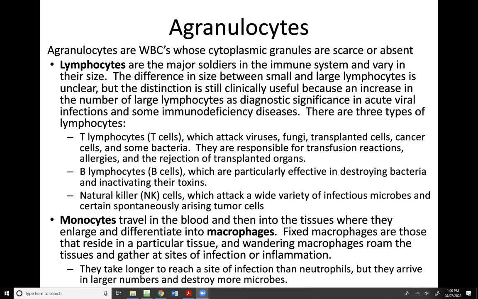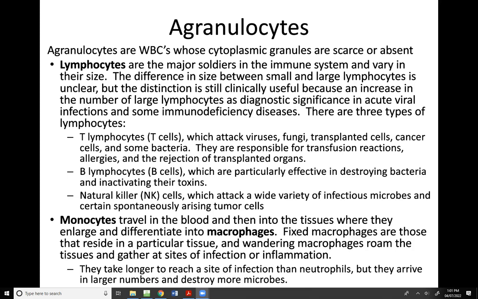Natural killer cells have a really cool name, and they sound like secret agents to me, but they're not quite as complicated as the B cells and T cells. They do attack a wide variety of infectious microbes and certain spontaneously arising tumor cells. And then monocytes are blood cells that can leave the blood. Once they do, they can enlarge and differentiate into our biggest Pac-Man cells of the body, what we call macrophages, which can stay put in a tissue.